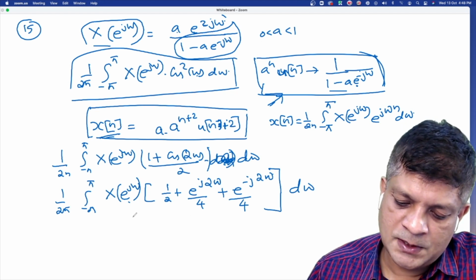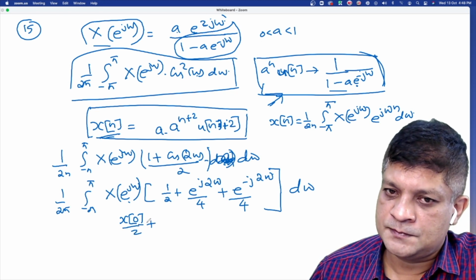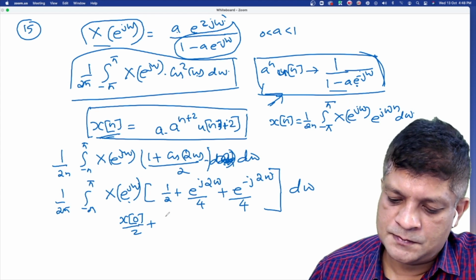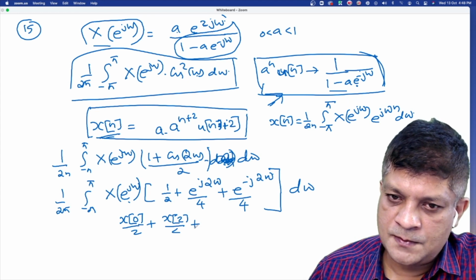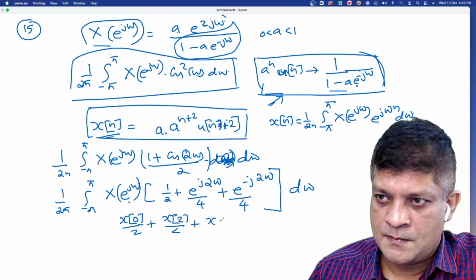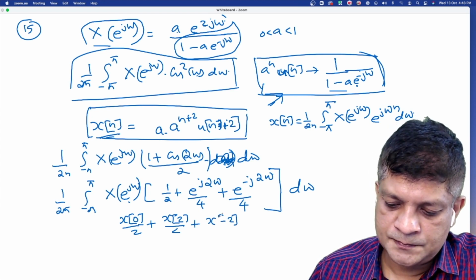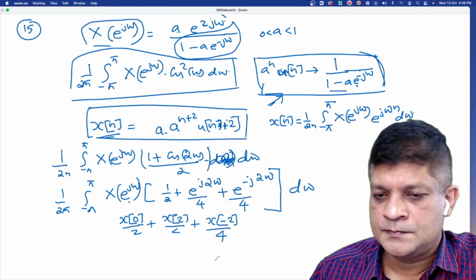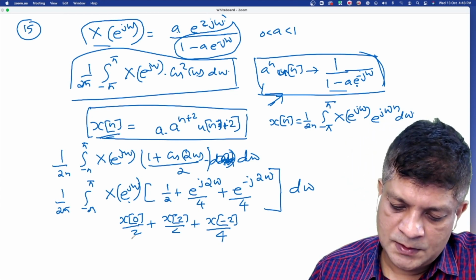The first part is x0 by 2, plus the second part is x2 by 4, and then x of minus 2 by 4. We already know x of n. Tell me what is the answer.